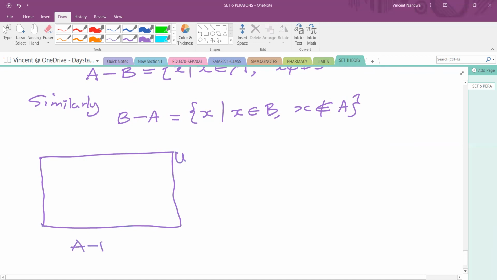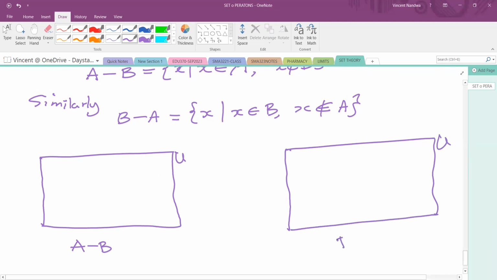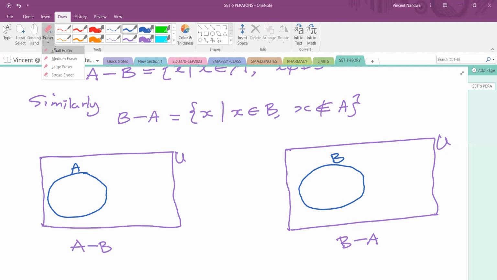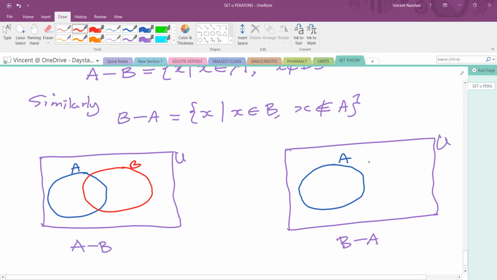Here I'll represent A minus B, and on the other side, let's represent B minus A. So my A is this, and then let this be B.